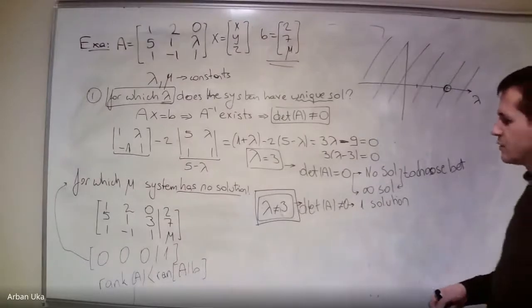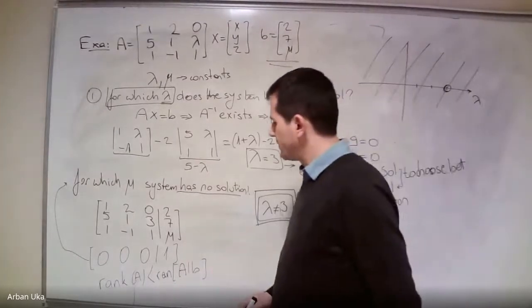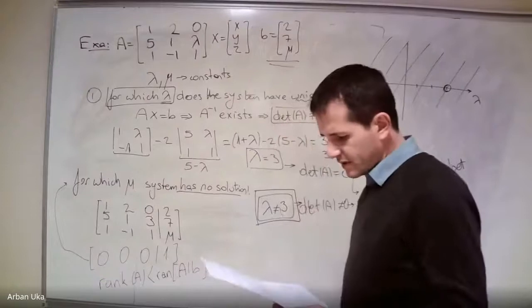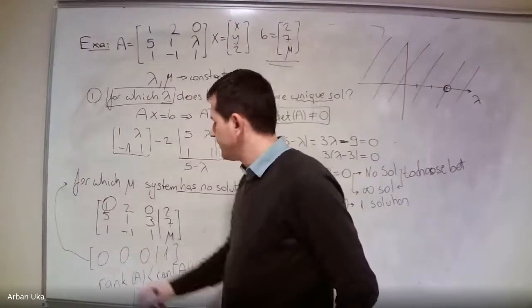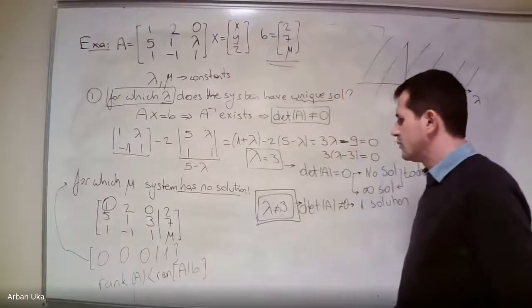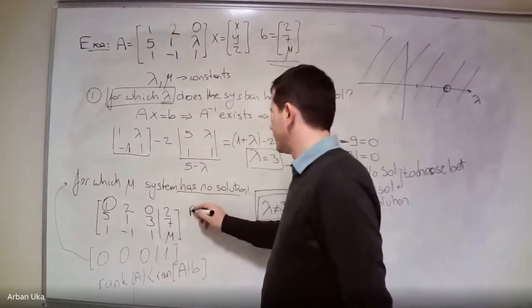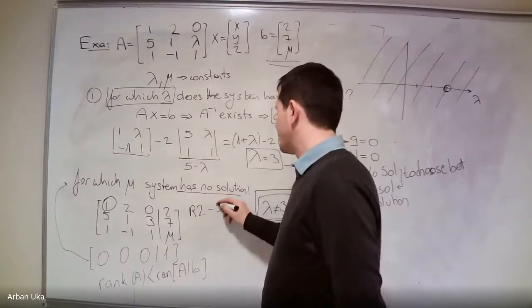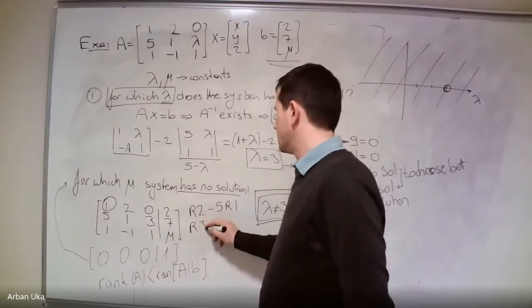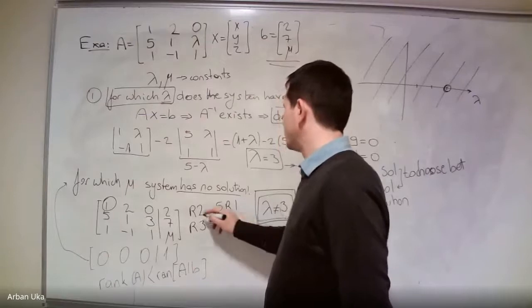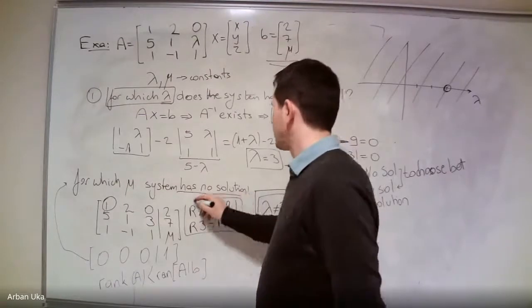So if we try to get the reduced row echelon form, I believe we can use this one as a leading one. With this one as a leading one, we do the following: row 2 minus 5 row 1, and then row 3 minus row 1.